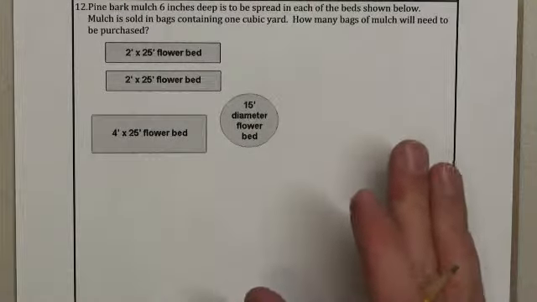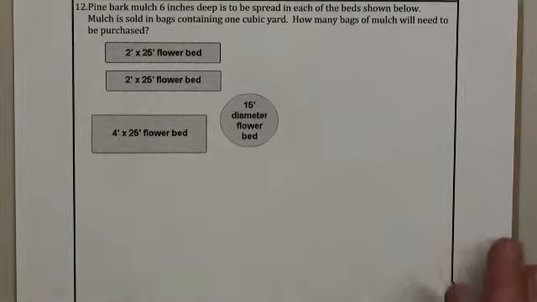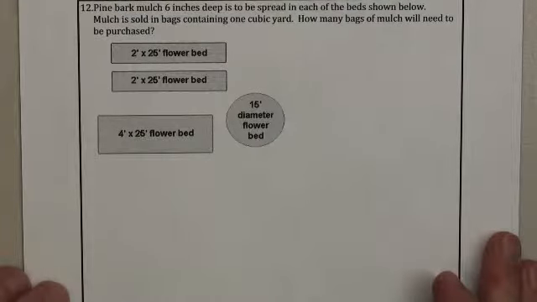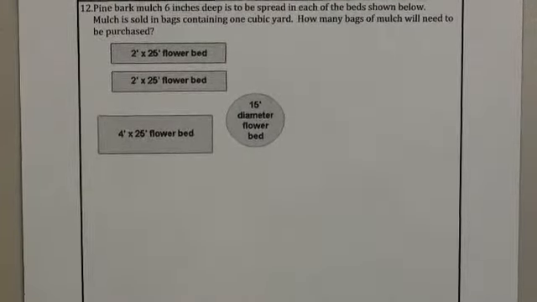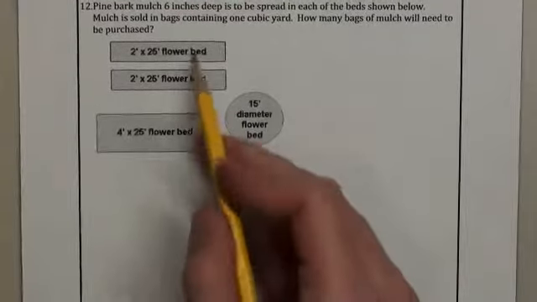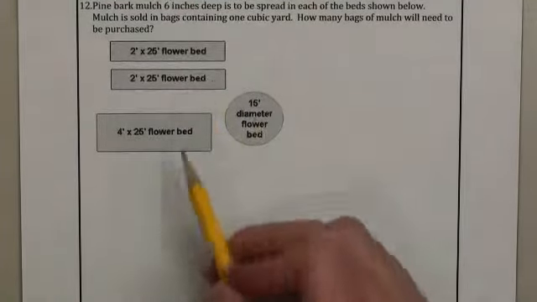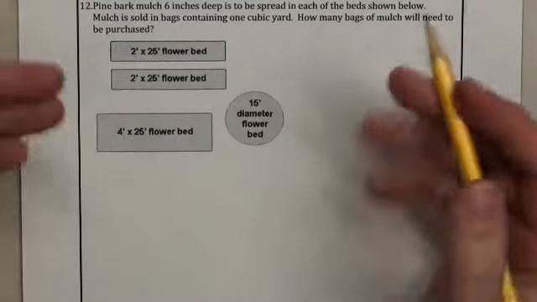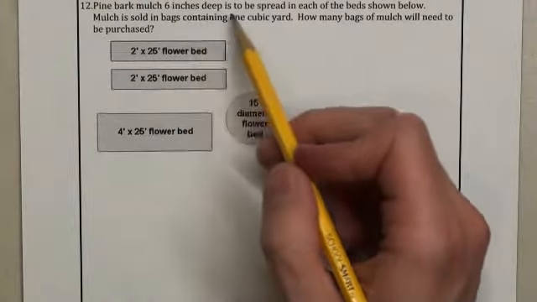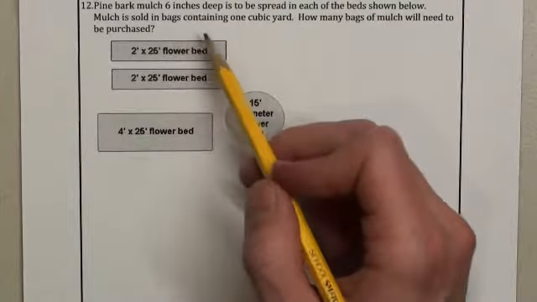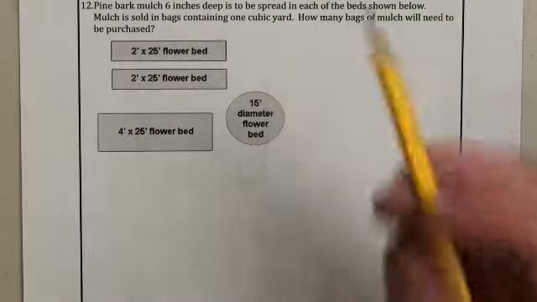Number 12. Pine bark mulch 6 inches deep is to be spread in each of the beds shown below. So we have 1, 2, 3, 4 beds. One's a circle and 3 are rectangles. And they each have to be 6 inches deep. Mulch is sold in bags containing 1 cubic yard.